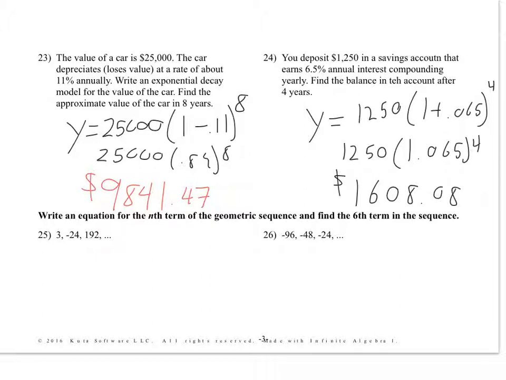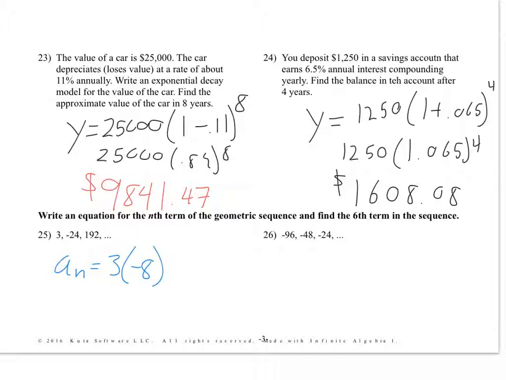Okay, and let's go ahead and do the bottom ones here. Write an equation for the nth term. Okay, well, the first number of the sequence on 25 is 3, so I have to start with that. Now, it looks like we are multiplying by a negative 8, right?